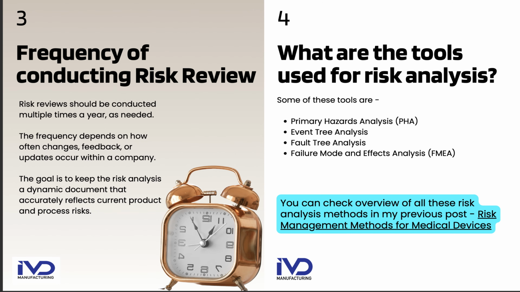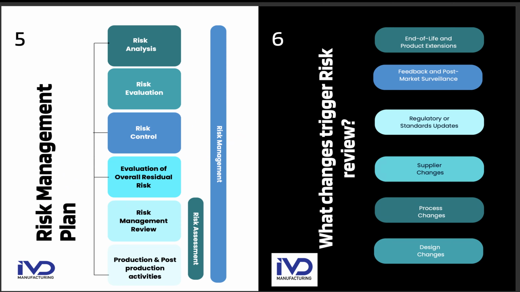Now let's talk about what an RMP is, which is called a risk management plan. The risk management plan is mainly divided into two phases. The first phase is called risk management, while the second phase is called risk assessment. The risk management comprises almost 6 steps, whereas risk assessment comprises the last 2 steps.